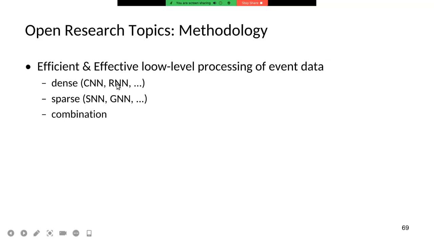But you can even use conventional deep learning methods like GNNs to create sparse processing pipelines. And I think the question is still open, like how to do this best, or what the best trade-offs are there. And we have works covering all of these aspects as well. And maybe you can also combine them, of course.